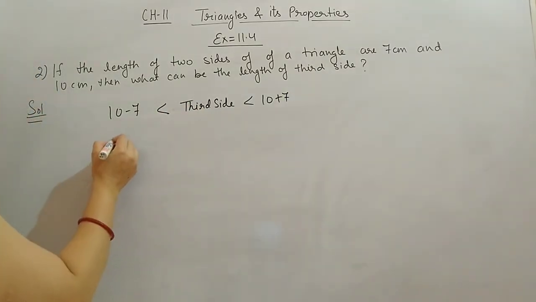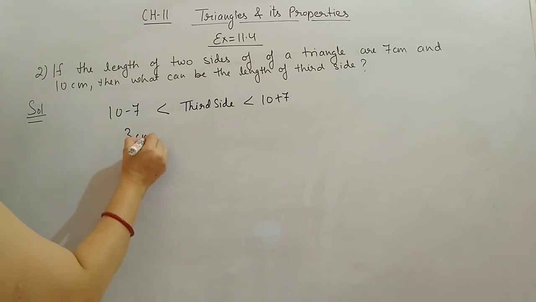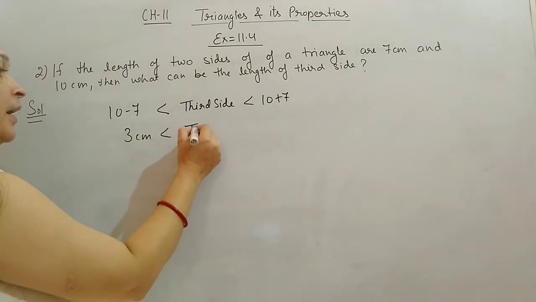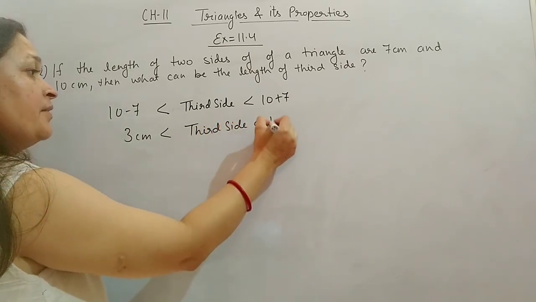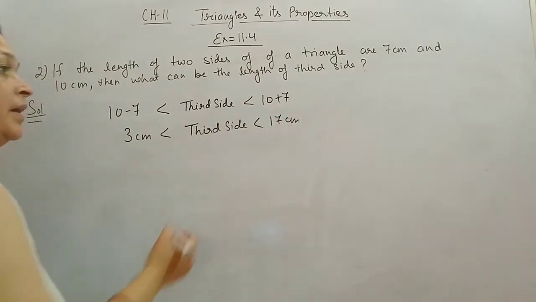So the third side will be more than 10 minus 7, which is 3, so more than 3 centimeter and less than 17 centimeter.